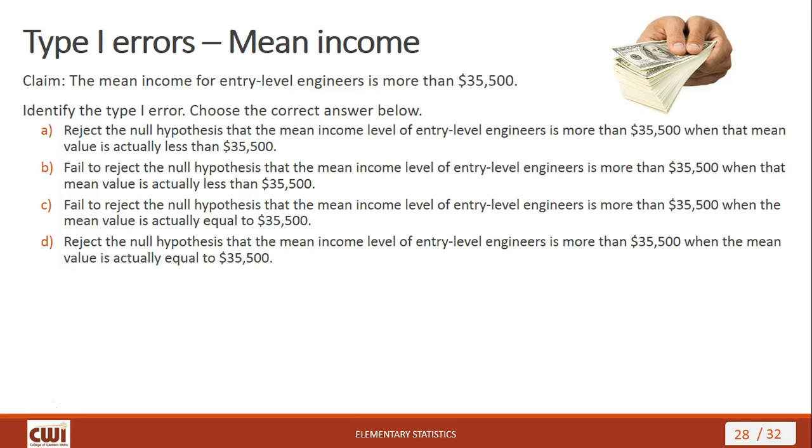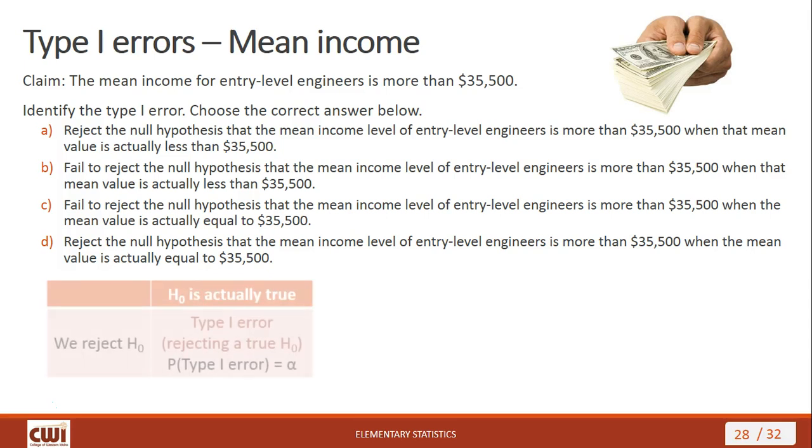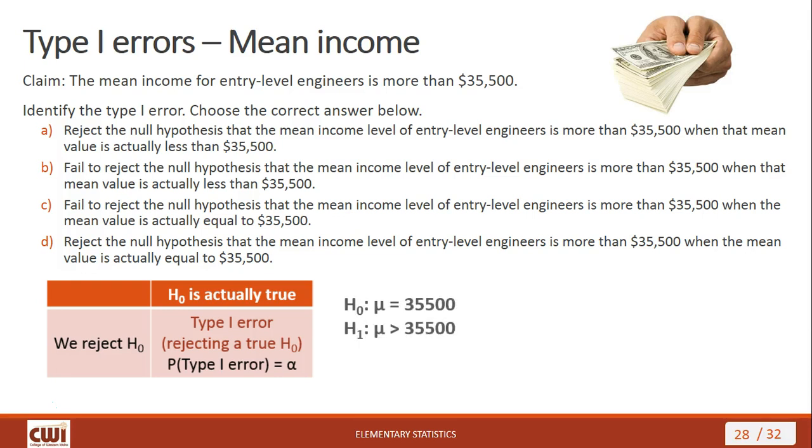First, let's review what a type 1 error actually is. A type 1 error, remember, is where H0 is actually true, but we end up rejecting it. So what would make H0 true? We'll go back to our null and alternative hypotheses. Remember, the null hypothesis said that the population mean equals 35,500. So that means that if H0 is actually true, then the mean value is actually equal to 35,500.